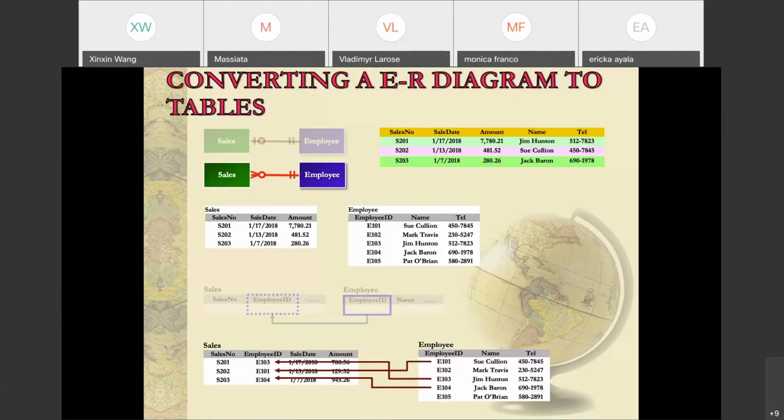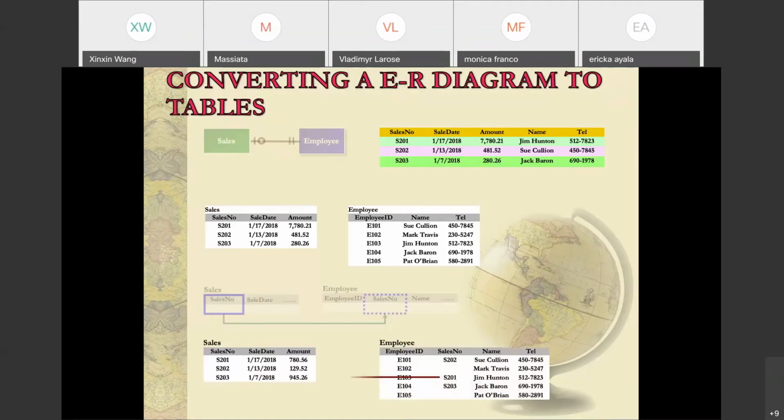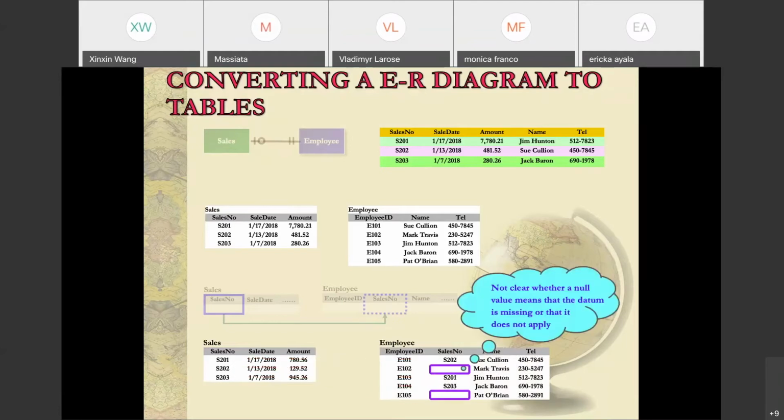And then we can find out that each sales number has a matching employee ID, right? And then we have the employee table, which also has a sales number as a foreign key. But we run into a problem with the empty column in the sales number.